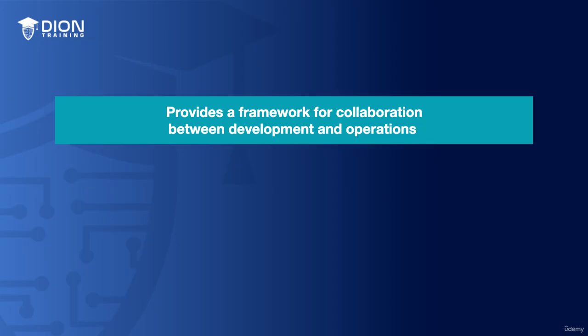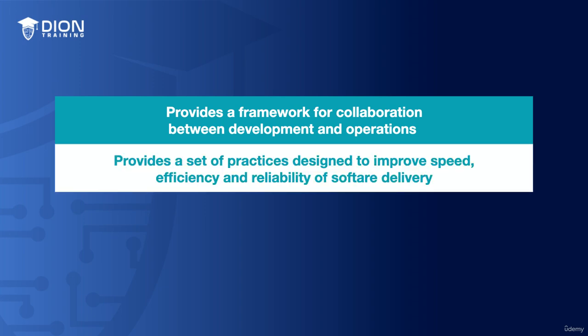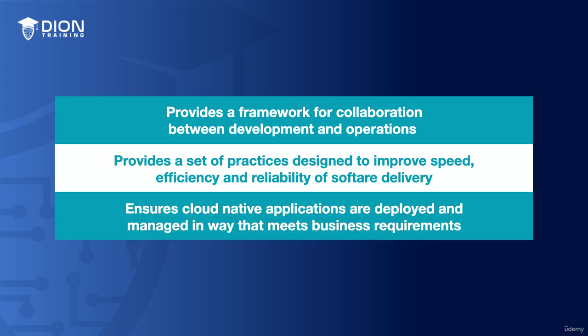DevOps provides a framework for collaboration between the development and operations teams, as well as a set of practices that are designed to improve the speed, efficiency, and reliability of software delivery. By using DevOps, organizations can ensure that their cloud-native applications are deployed and managed in a way that meets their business requirements and takes advantage of the benefits of the cloud.